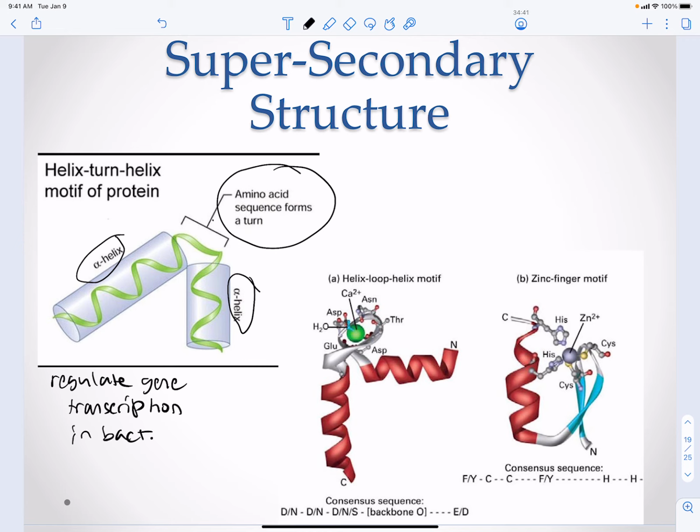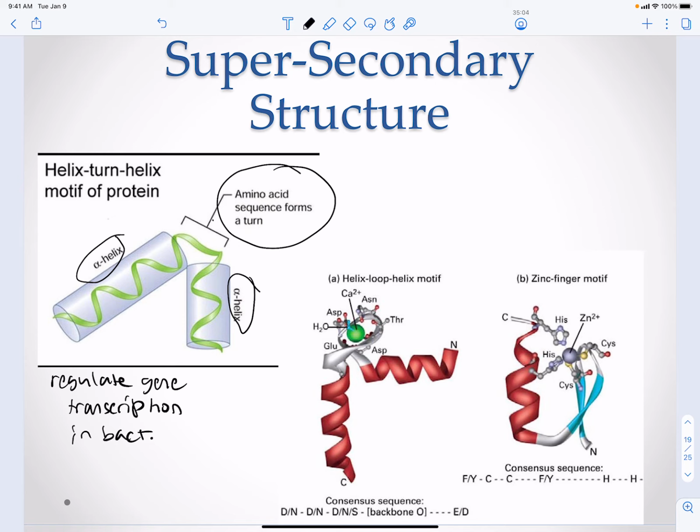Bacteria don't have as many enzymes as we do. And so basically what that means is that they have to have unique ways to turn on and off genes. One way to turn off a gene is to simply make it so the polymerase falls off. And if the polymerase falls off, then you can't continue.